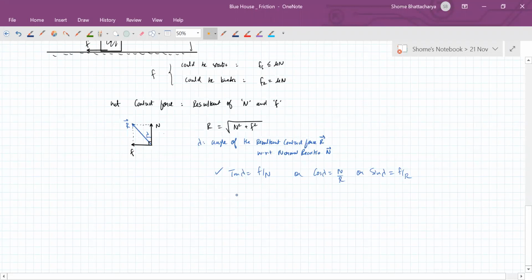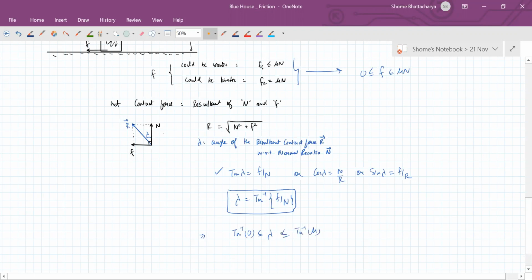So lambda is equal to tan inverse f by N. Since we don't know what type of friction it is, we have to use this whole thing. Here friction could be anything from 0 to mu N. So that means lambda could be anything from tan inverse 0 to tan inverse mu.